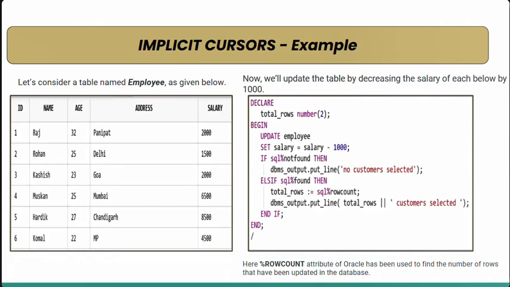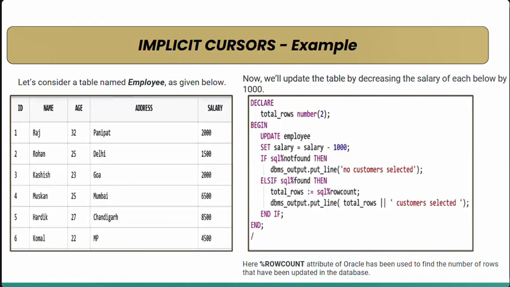So we have a table employee in which we have five columns. The first one is the employee ID, the second one is the name of the employee, the third one is the age, and then the address and salary of the employees.